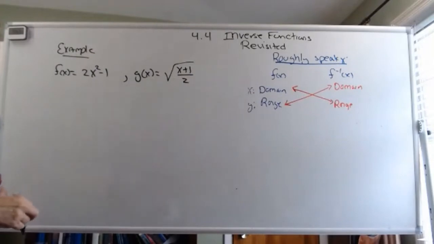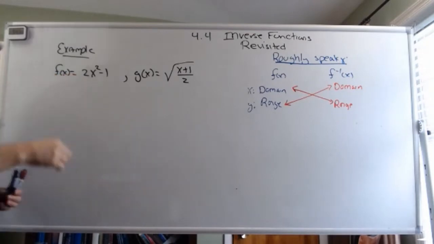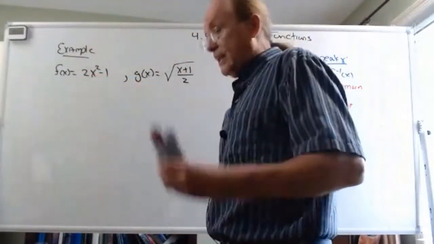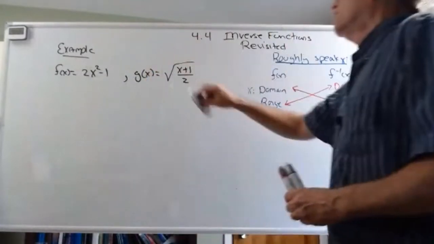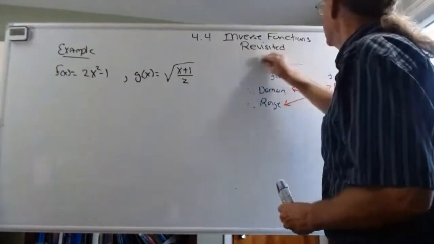Let's first start off and see about the domains and ranges of each of these. Well, this is a polynomial. I want you to take the time to find the domains and ranges of each of these. That's on the test on Thursday, so see if you can ascertain their domains and ranges. I'll give you a minute to work on that.